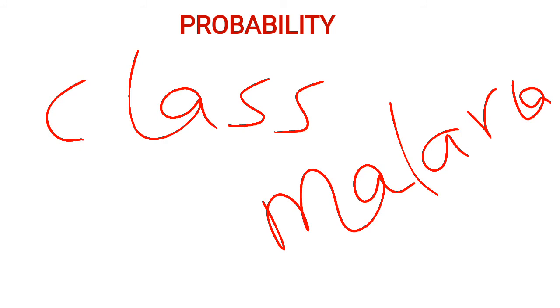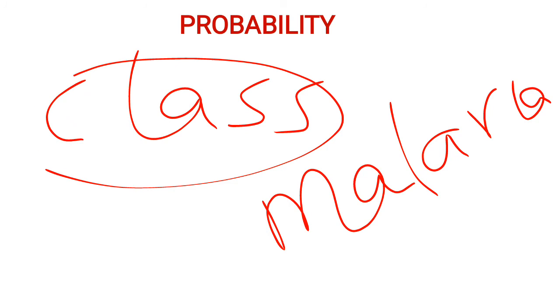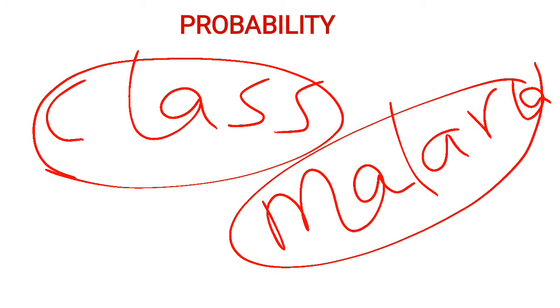We are making reference to two items. Mind you, you are only dealing with those two items the question is making reference to. So the probability that the student selected from the class complained of malaria, meaning we are using class and then malaria.